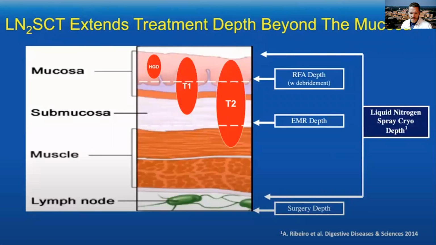And probably some of that comes down to the depth of impact that the two different modalities utilize or take advantage of. So RFA depth with debridement is seen to be the mucosal level, not getting down into the submucosa, whereas spray liquid nitrogen has the ability, although it depends on how you utilize it, to be as deep as the muscularis propria.